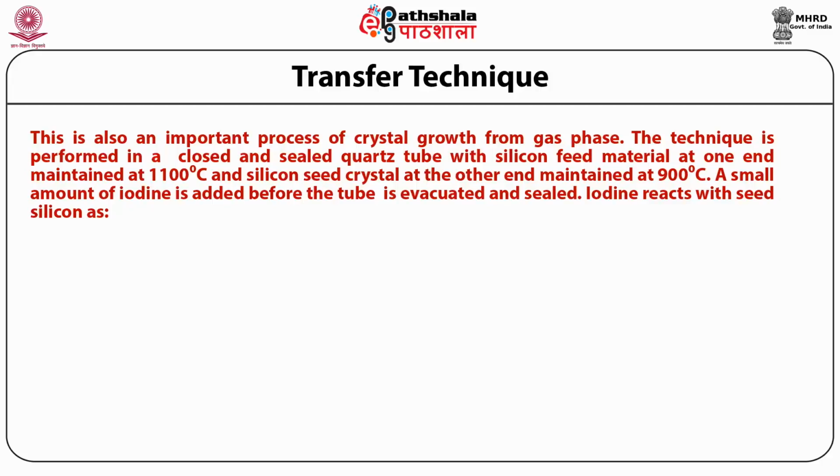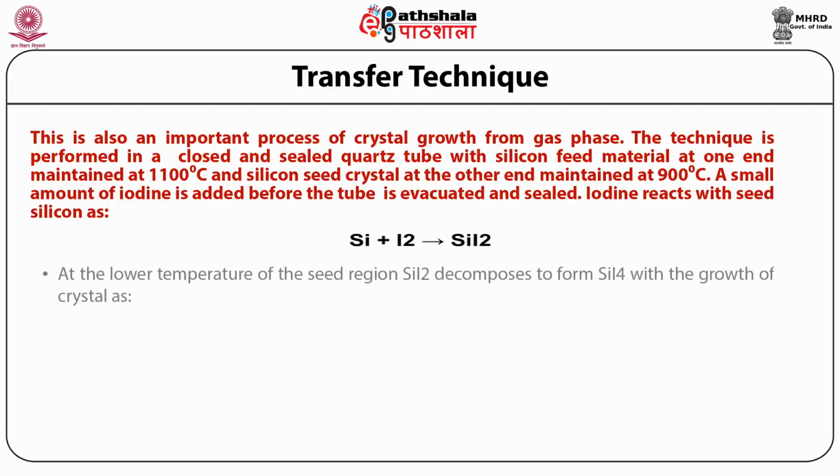A small amount of iodine is added before the tube is evacuated and sealed. Iodine reacts with silicon as Si plus I2 gives us SiI2. At the lower temperature of the seed region, SiI2 decomposes to form SiI4 with the growth of a crystal as twice SiI2 gives us SiI4 plus Si.